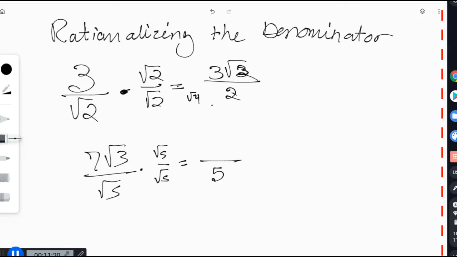And then at the top, we're going to do 7, and the root 3 and the root 5 we're multiplying so they can go together, and they will be root 15. Now the 15 and the 5 don't simplify because they're not like terms. It's root 15 and a 5. They're not the same, and 15 can't be simplified either. So that is your final answer, 7 root 15 over 5.